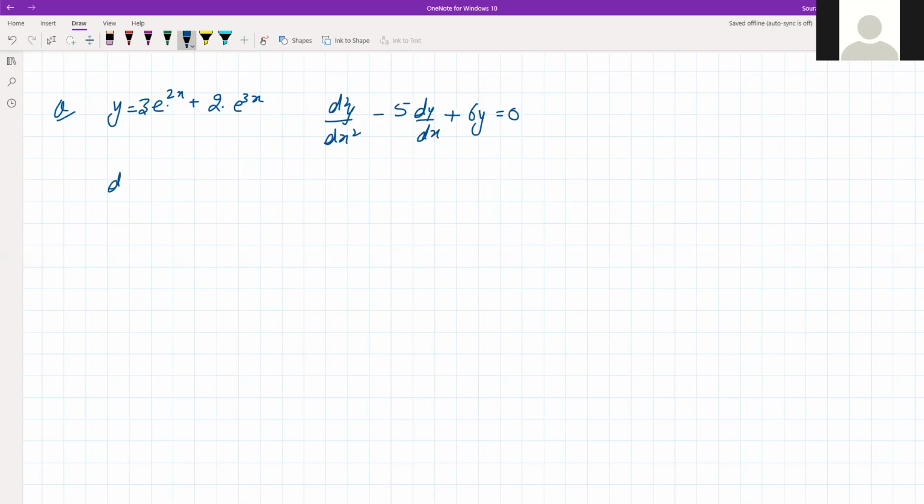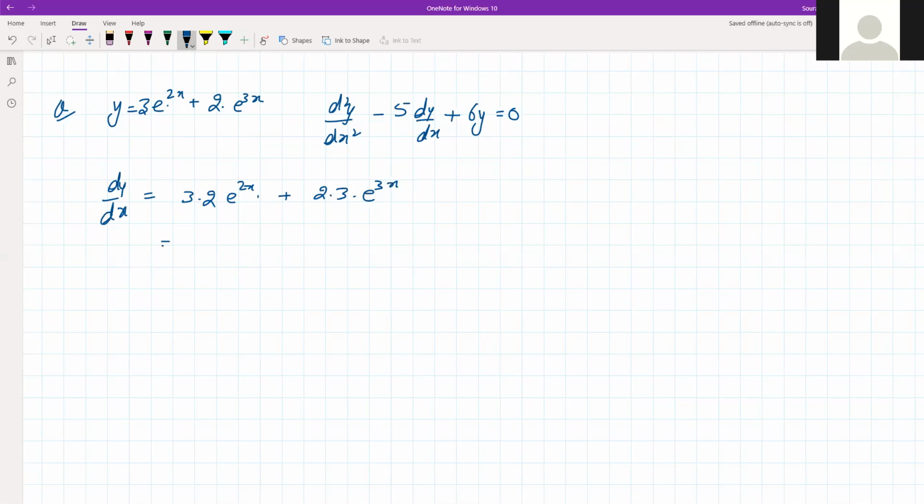So first is dy by dx. That will be actually 3 into 2 e to the power 2x, right, and the second term is again 2 into 3 into e to the power 3x.